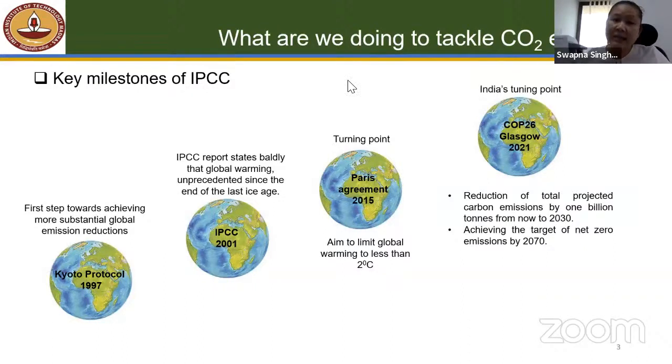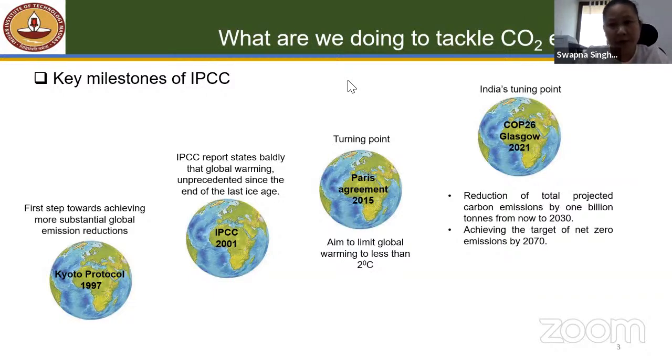Then, in between 2015 and now, a lot of reduction aims have been put forward, for example, Europe promised that they can go to net zero by 2030, and many countries have given a number.